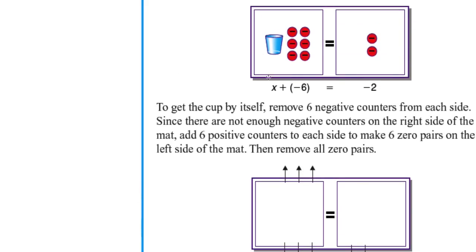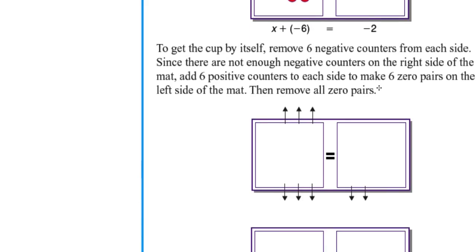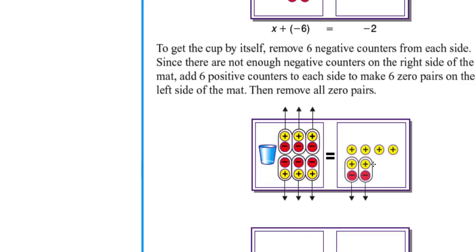So remember, when we add 6 positive counters here, we need to add 6 positive counters to the right as well. And this is what we get. So we added our 6 positive counters and we took out zero pairs, and that means we need to add 6 positive counters here as well. And if you notice, when we added 6 positive counters, we have 2 zero pairs, and we simply took out the 2 zero pairs.